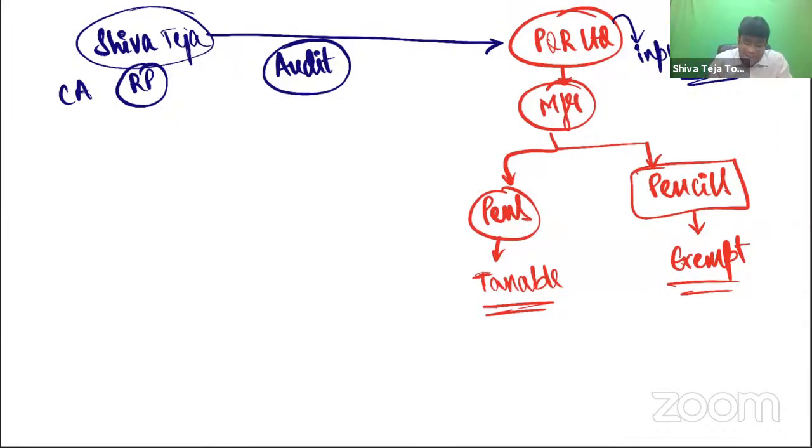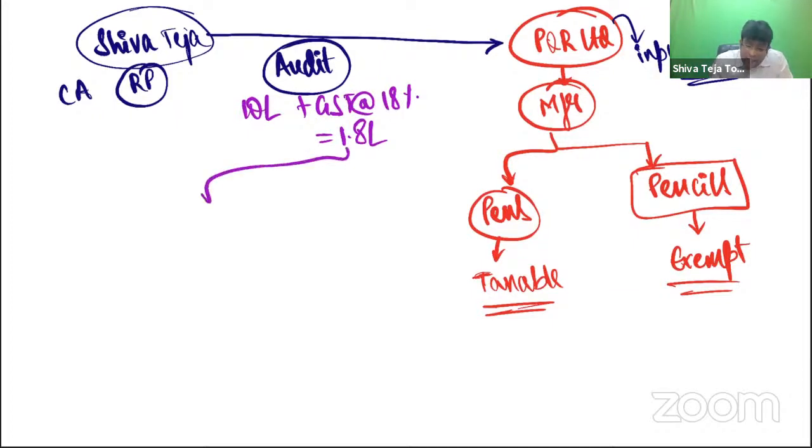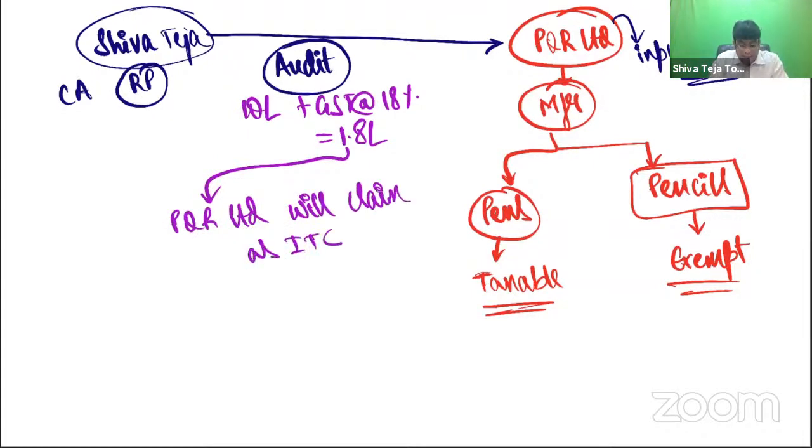Now, for example, let's say for conducting this audit, I gave a bill of 10 lakhs plus GST at 18%, which comes to 1.8 lakhs. This entire 1.8 lakhs, PQR Limited will claim as input tax credit.